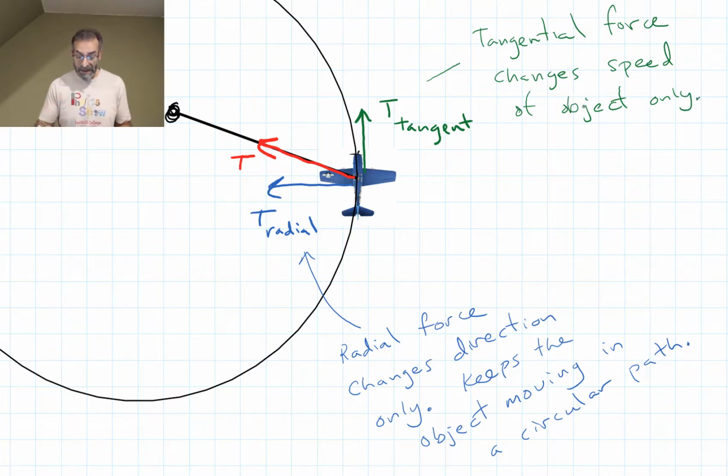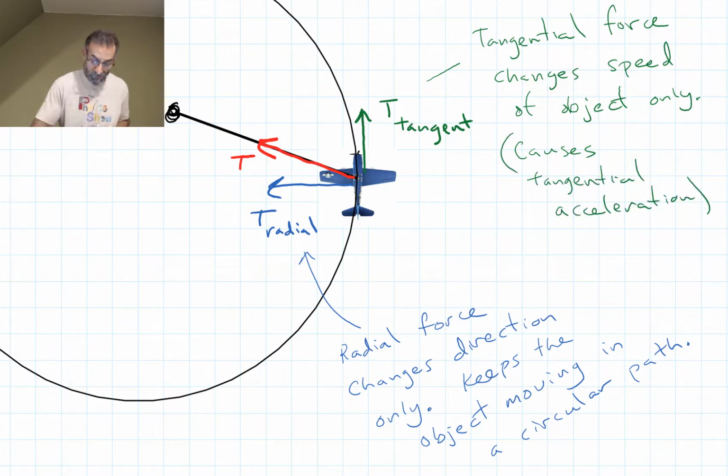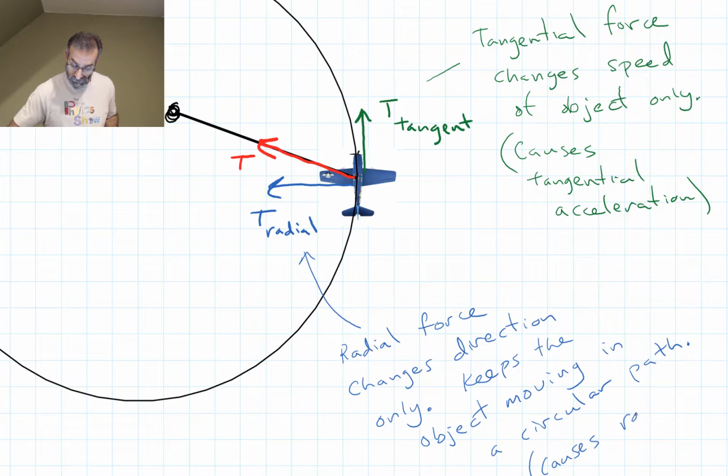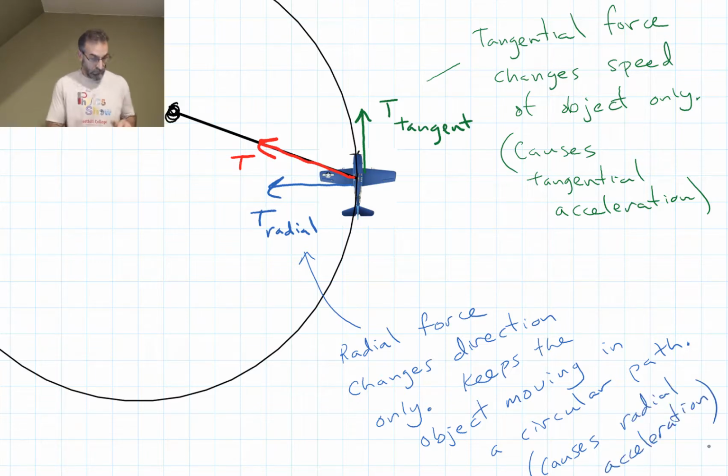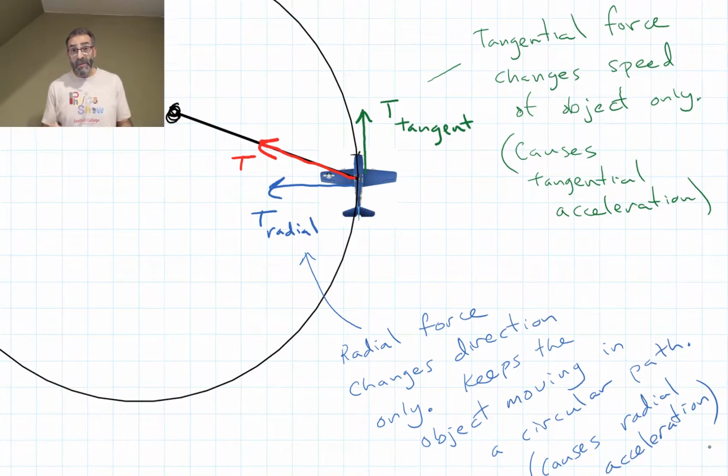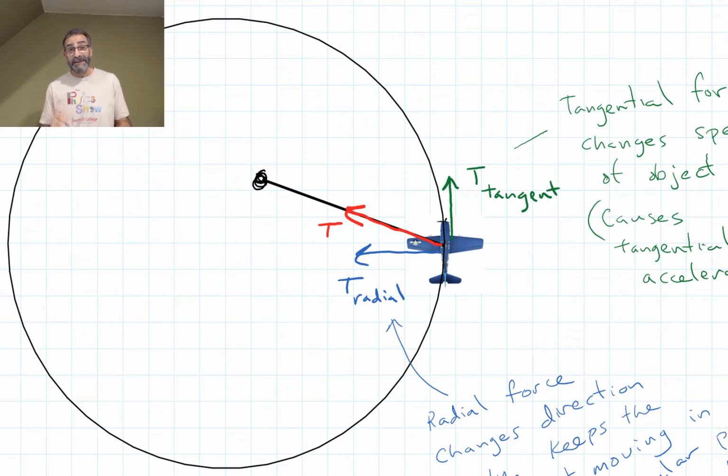So the force that's in the radial direction causes radial acceleration, and the force in the tangential direction causes tangential acceleration. And we know what that radial acceleration has to be if our object is moving in a circular path.